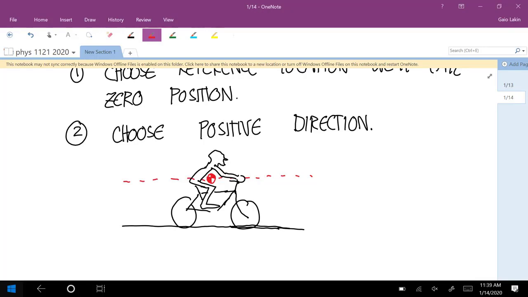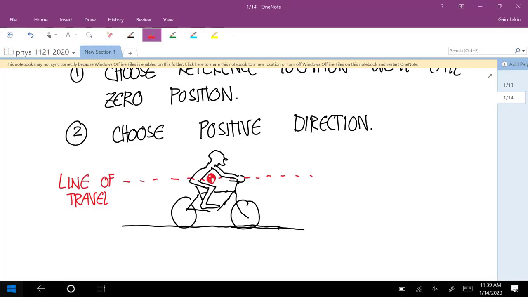Okay, so what's the location of this? This is the line of travel. So we can see physically the location of this bike rider, but what's it going to take for us to put a number on that? Okay.